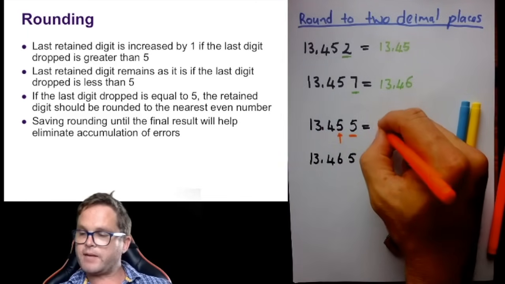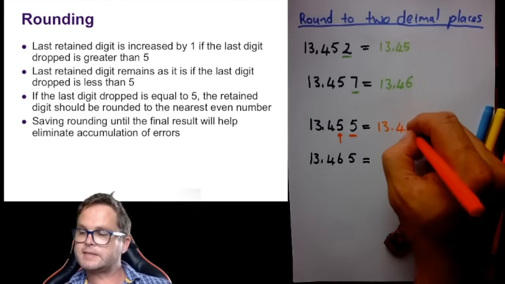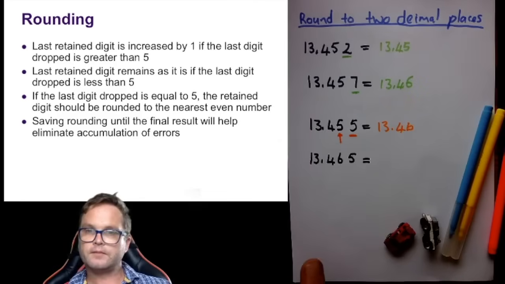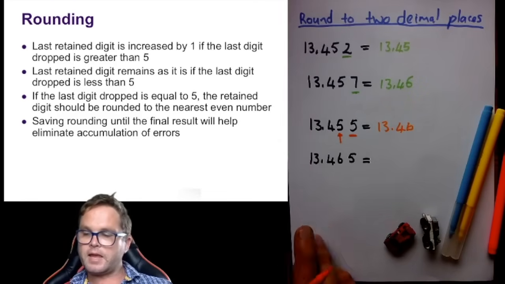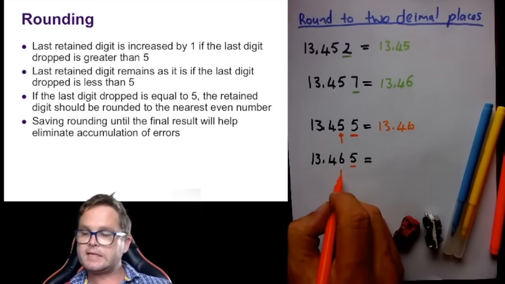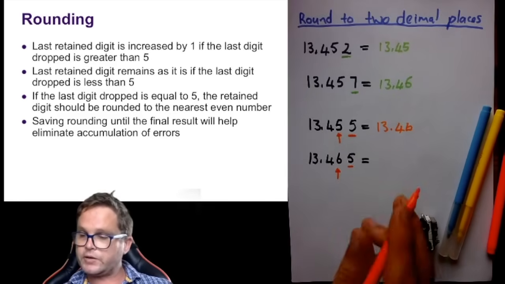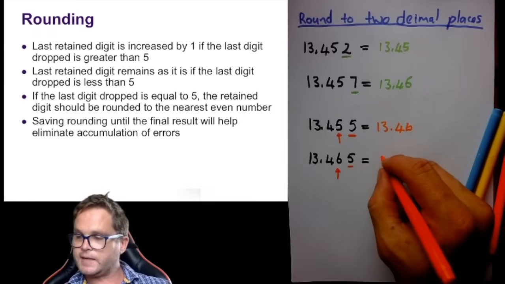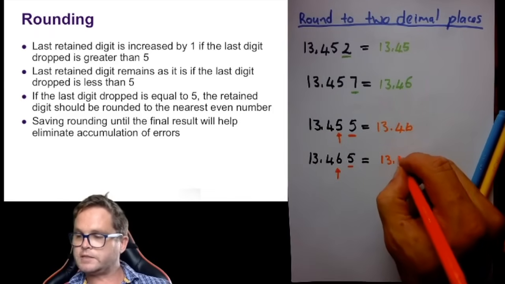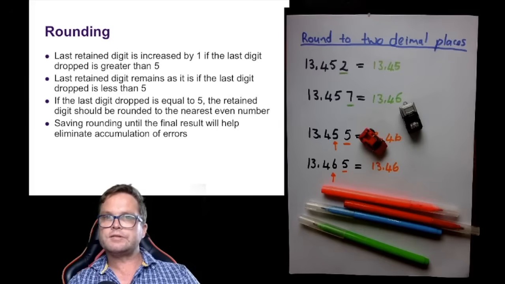So this then will become 13.46. In this case here, we see once again we have the 5, but here we can see that this is already an even number. So for this case, we don't increase the 6, we leave it as 13.46. Alright then, this concludes the first chapter on units and measures.